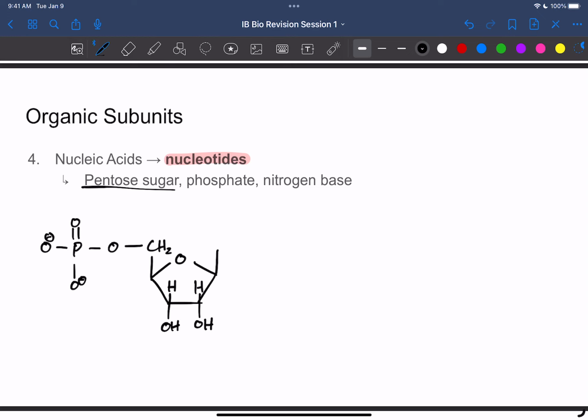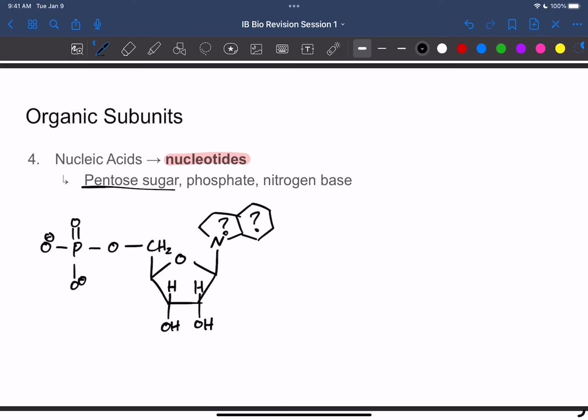I'll just draw this out. Okay, so that's the basic structure.